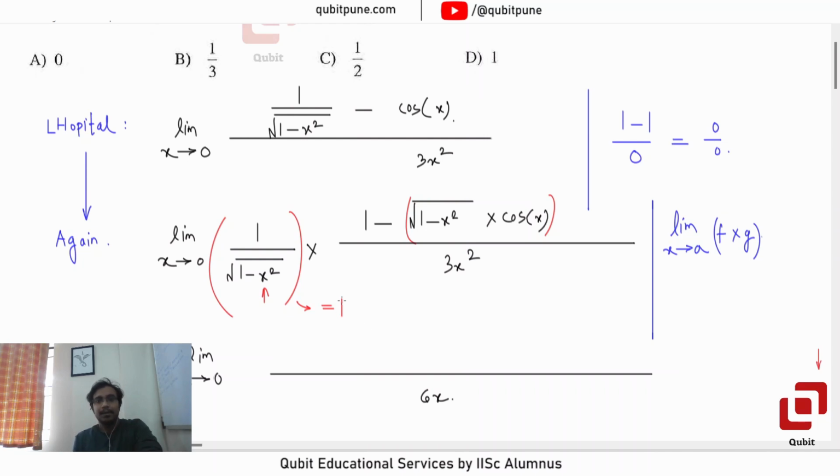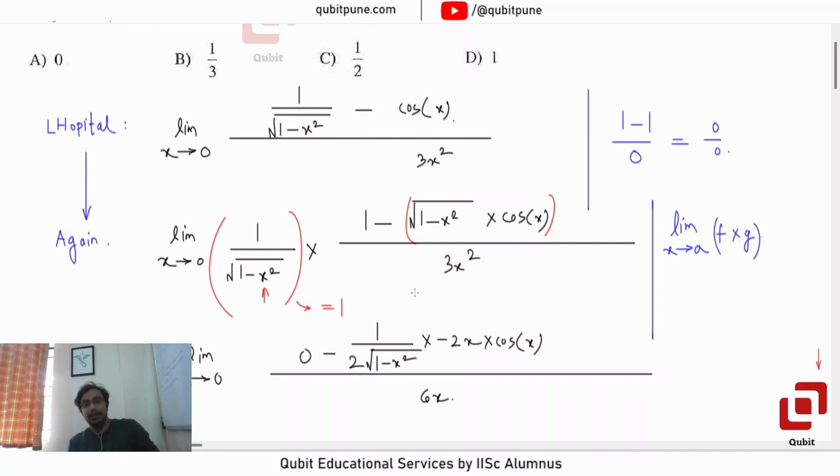Let's go to the derivative of 1 now. That's 0, right? Now let us apply the product rule here, u dash into v. Derivative of root is 1 upon 2 root, and into f dash of x, that would be negative 2x, into cos x.